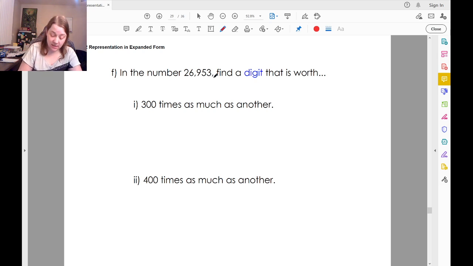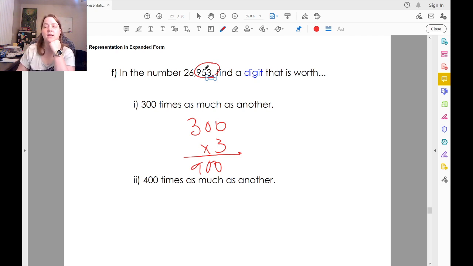But if I take this 3 and I say 300 times 3, I'm going to get 900, which you can see right there. And they also want one that is 4 times as much as another. So, for example, we're going to multiply 400 times something, and we're going to get a different digit.